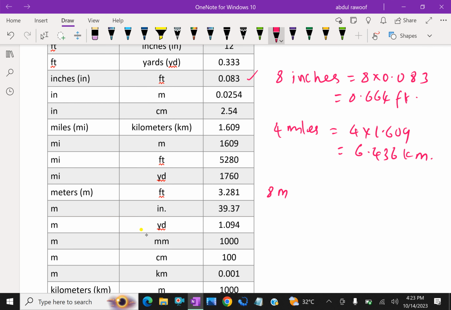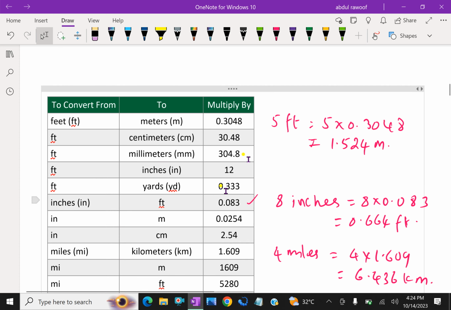For example, 8 meters is 8 multiplied by 3.281, which equals 26.248 feet.